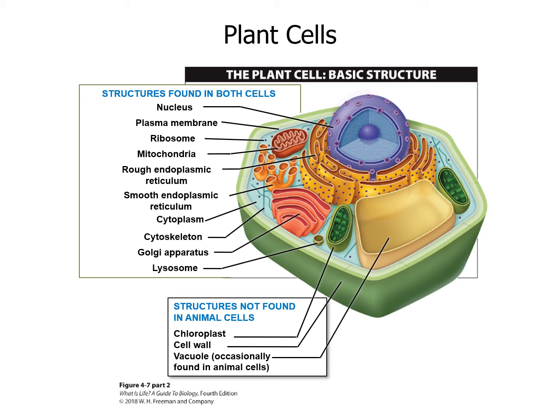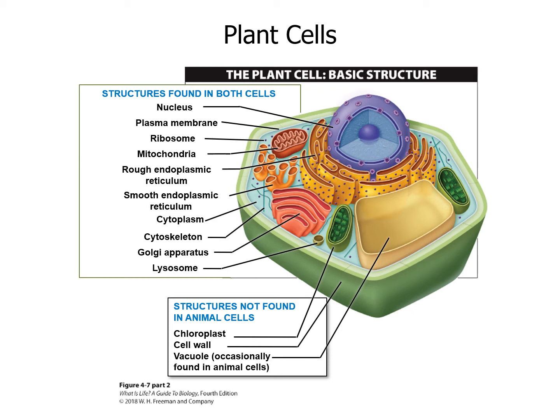I've had quite a few students write chloroform, and that is not what you find in plant cells. Chloroplast is going to be these little green blobs. If we look at plant cells in lab, you'll see these little blobs kind of moving around. They're very cool to watch, but that is very characteristic of plant cells.